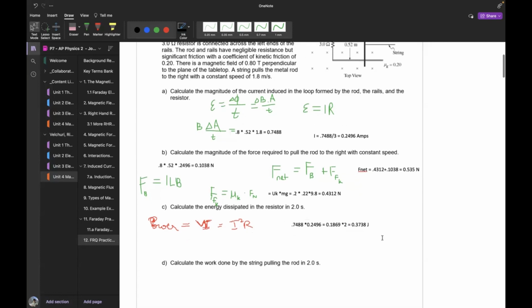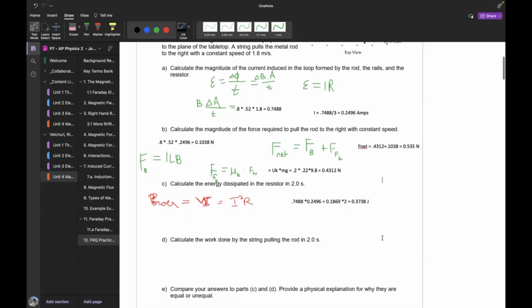Okay. Next is work done. So work done by the string pulling the rod in 2 seconds. Power equals work over time. That should be the same as the energy dissipated. And we can calculate it also.